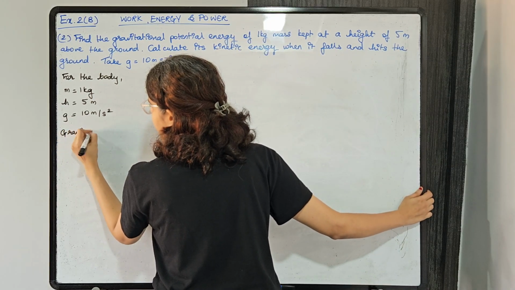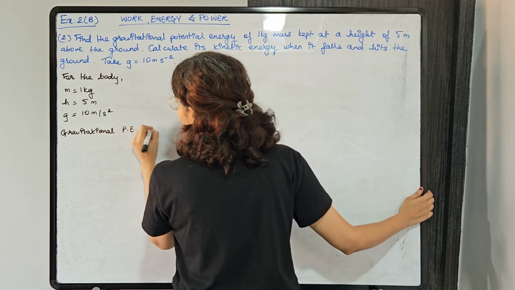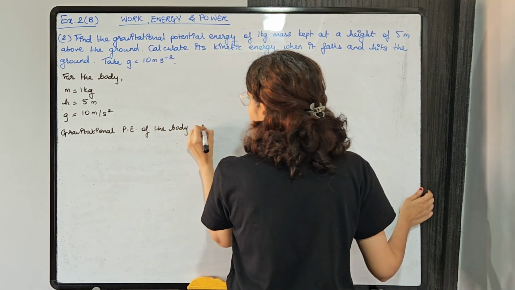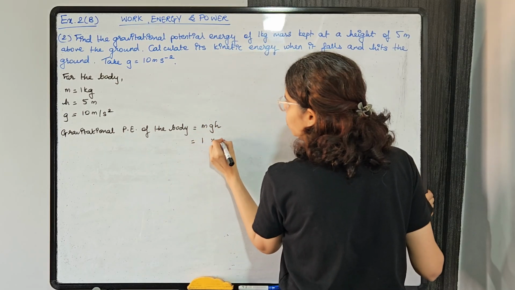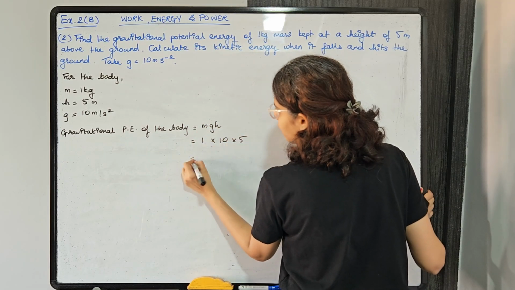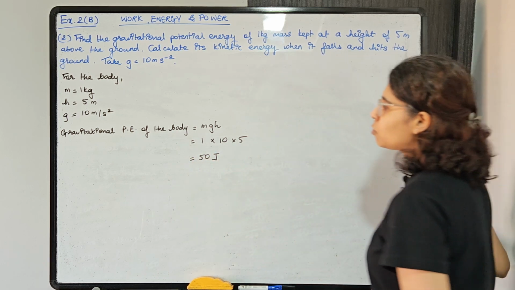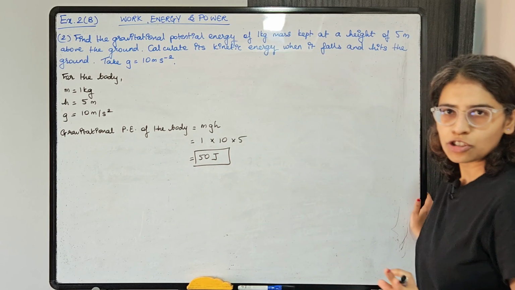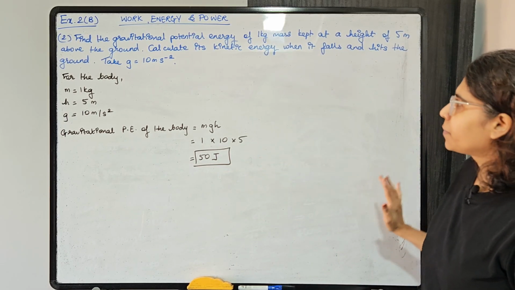Gravitational potential energy of the body will be mgh. So 1 into 10 into 5, that is 50 joules. Box the answer. This is the gravitational potential energy of the body at height 5 meter.